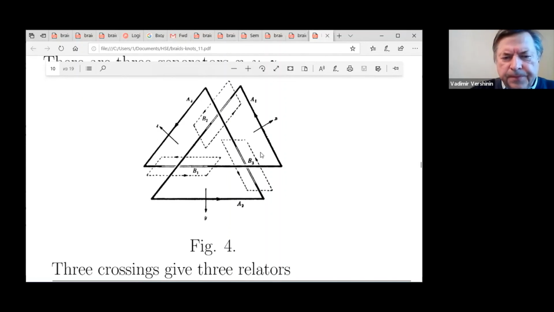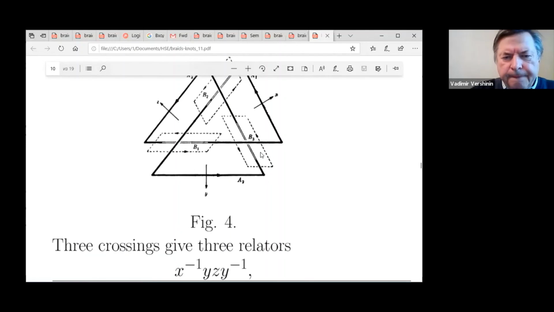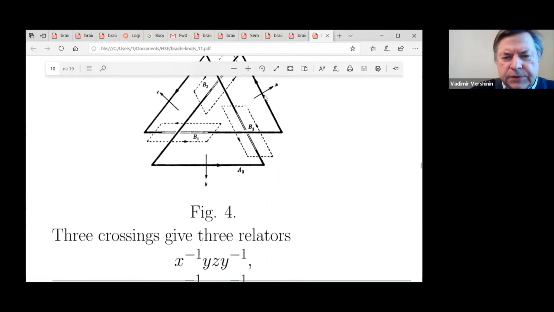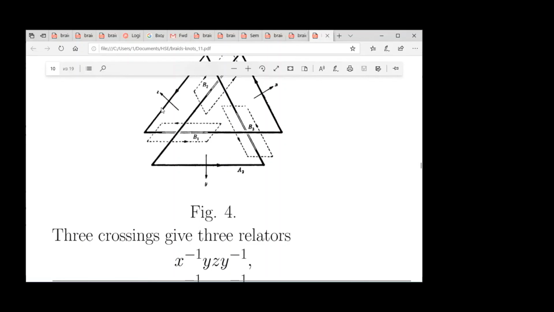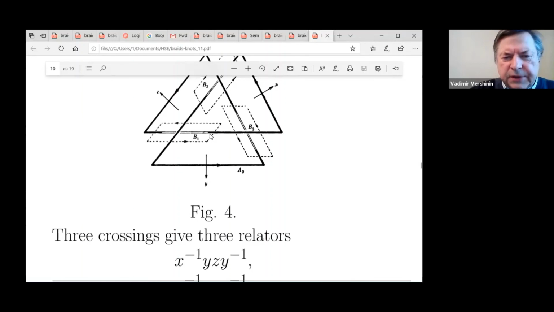Do you see? X, Y, Z. So X goes out of this rectangle, so X to the minus 1.